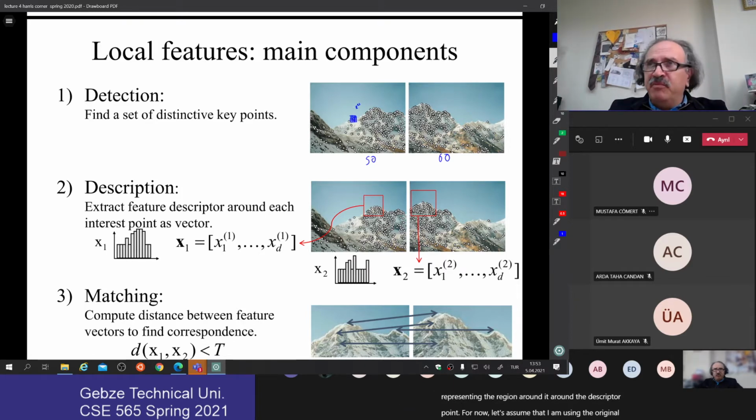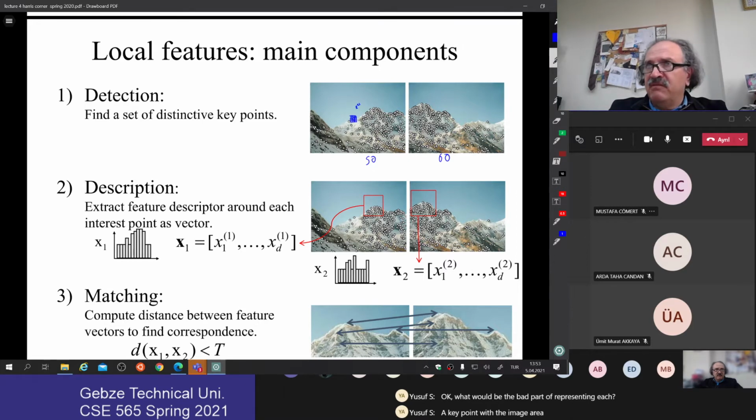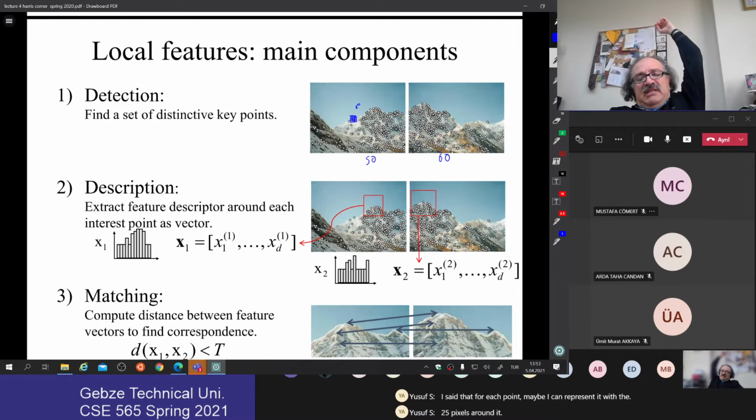Okay, what would be the bad part of representing each key point with the image area around it? What is the problem? I said that for each point, maybe I can represent it with the 25 pixels around it. But later I didn't like it much.